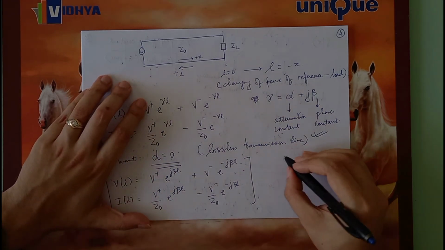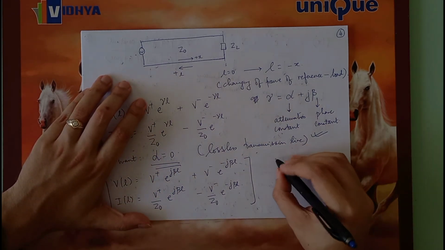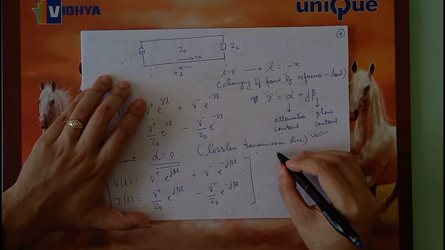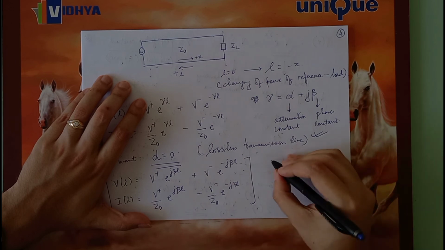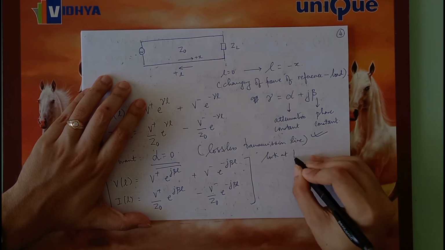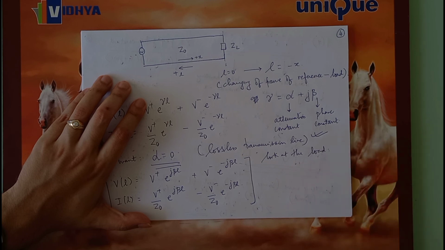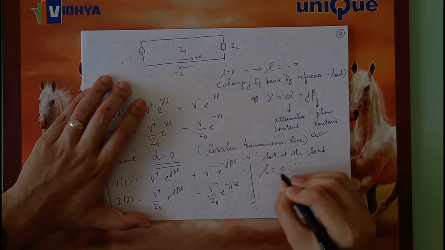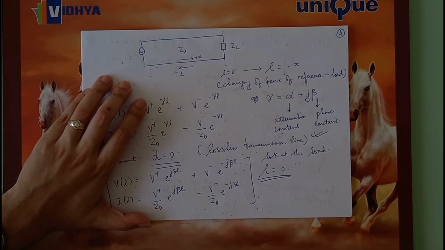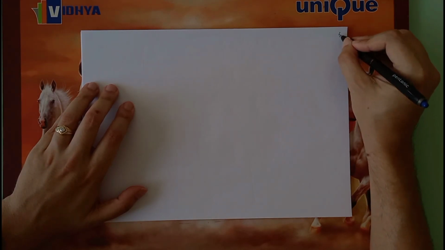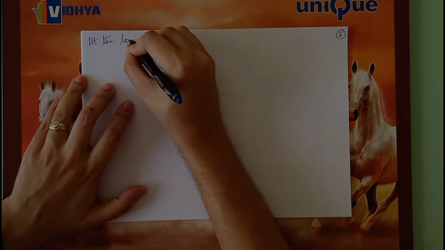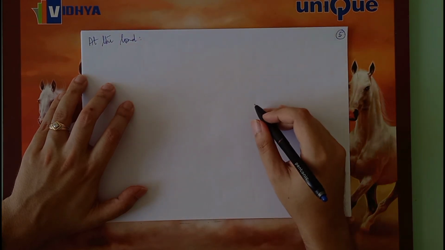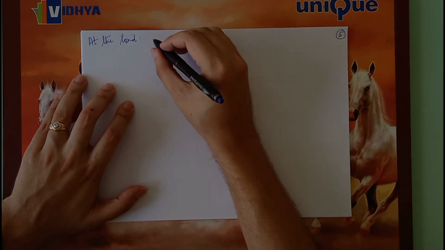Now suppose we have this transmission line and we look at the load. Load means L is equal to 0. So at the load, what happens is we have two waves.